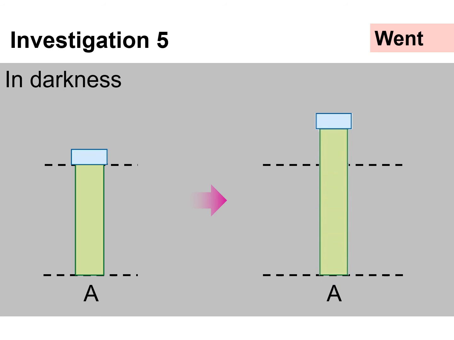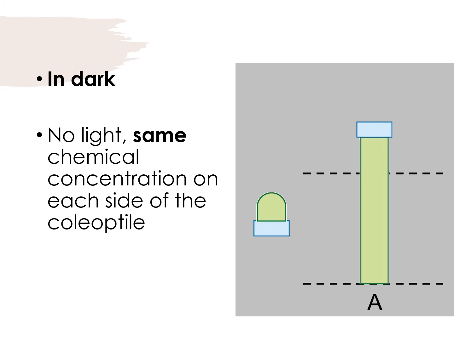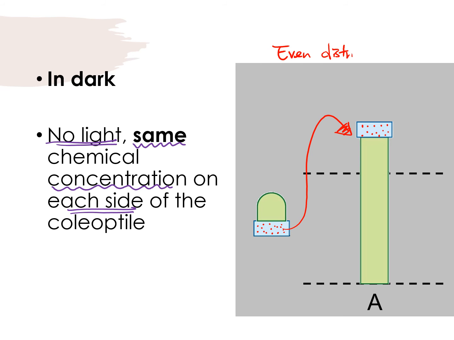After several days, the plants grow vertically upward without any bending. The conclusion made by Went is, when it is in the dark, there is no light, there is the same chemical concentration on each side of the coleoptile. So there is an even distribution of chemical in the agar.